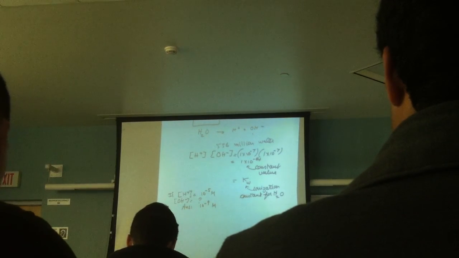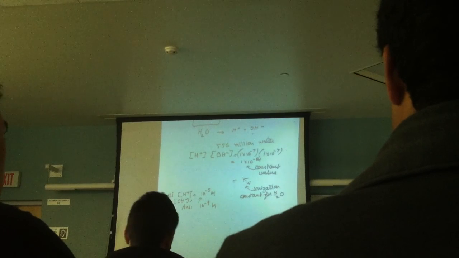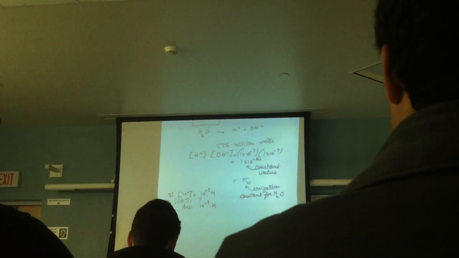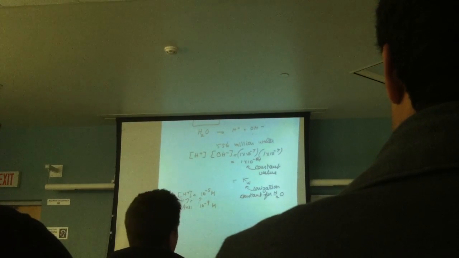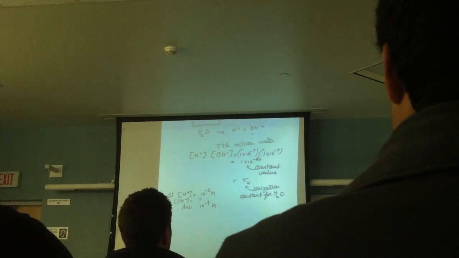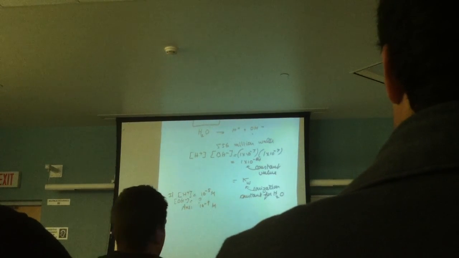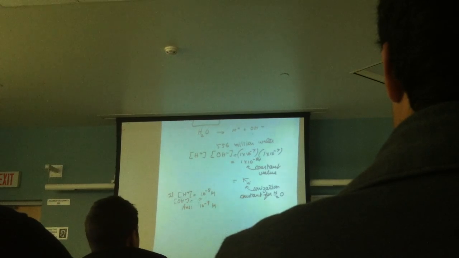So, if I stand in the middle, this is neutral. I'm in the middle. If you go to one side, it becomes more acidic. Go back to the center, that's neutral. If you go to the other side, that becomes basic. Again, I'm in the center here, that's neutral.